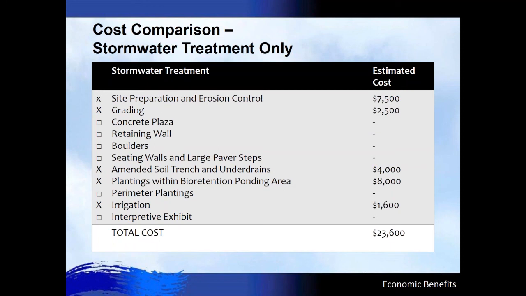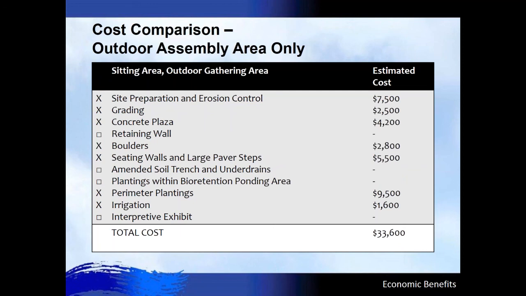So if you were looking at this from a stormwater water quality point of view, you would have said, well, $52,000 is really expensive and it's probably not worth it. But from a multifunctional point of view, it's very different.